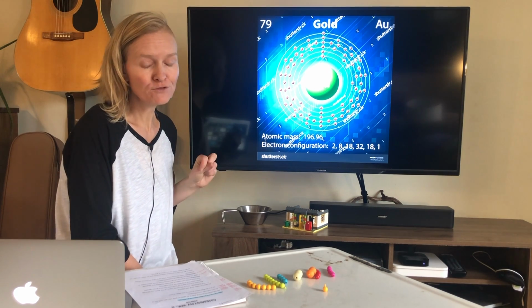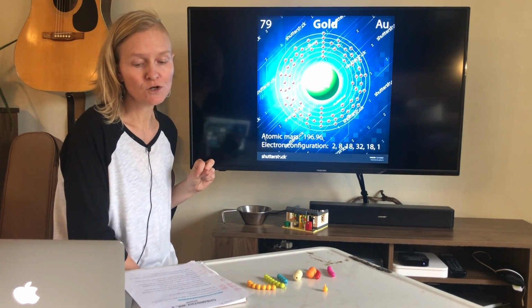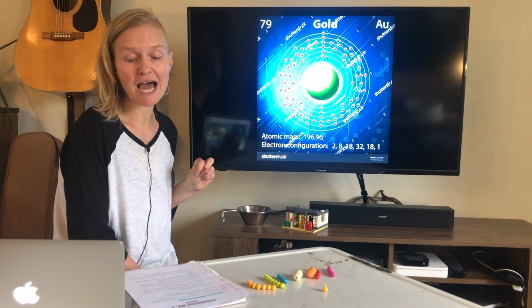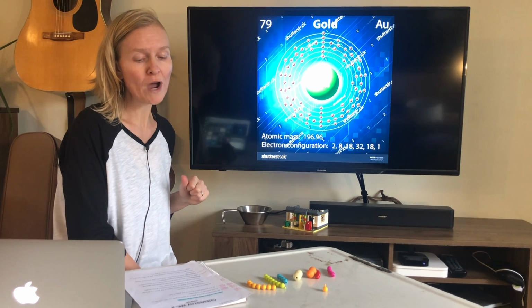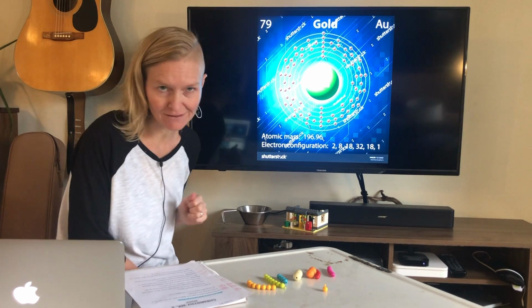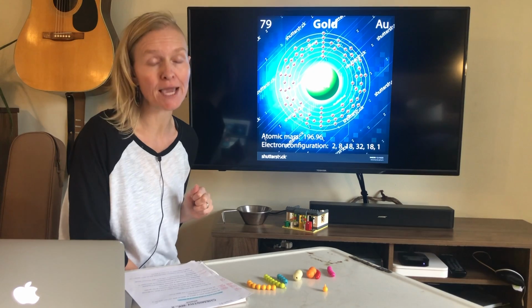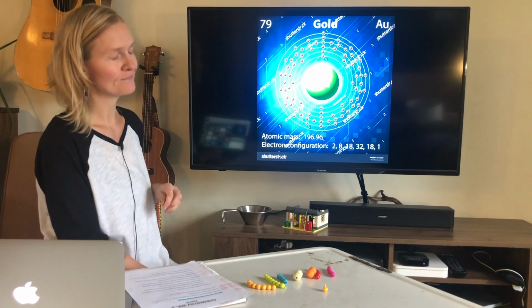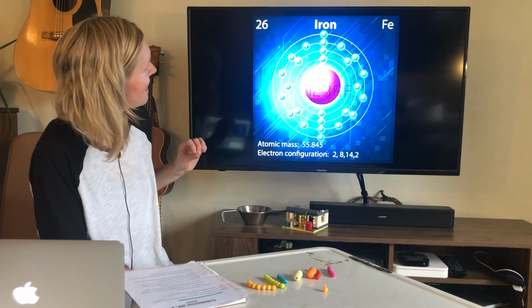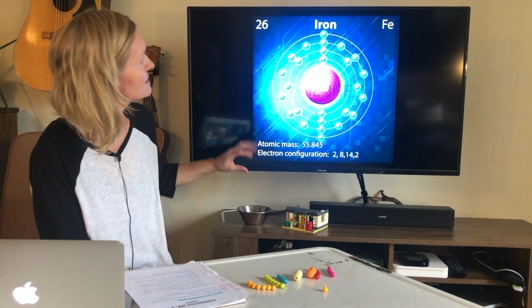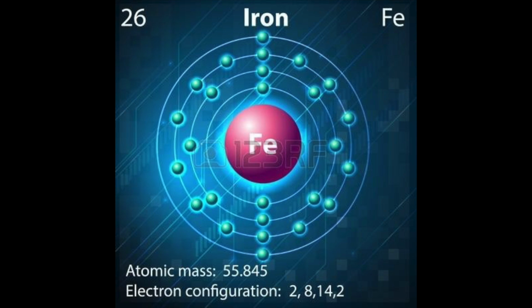An atom of gold measures 0.1441 times 10 to the negative 9 meters, or 0.1441 millionth of a millimeter. Here we have the smallest unit of iron. This is an atom of iron, and the symbol for iron is Fe.